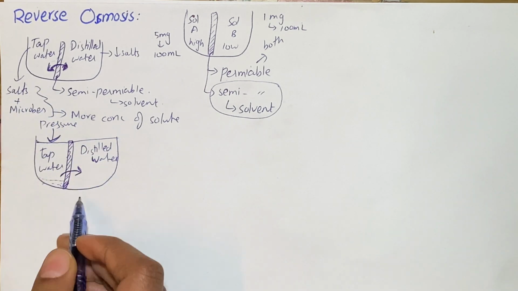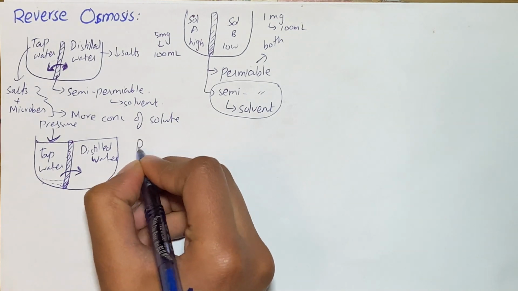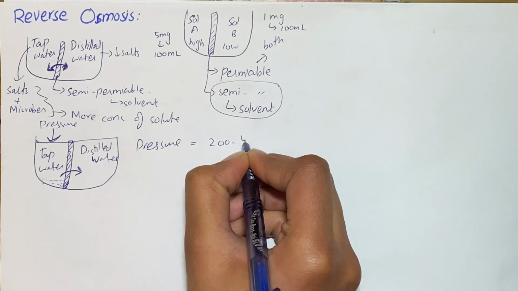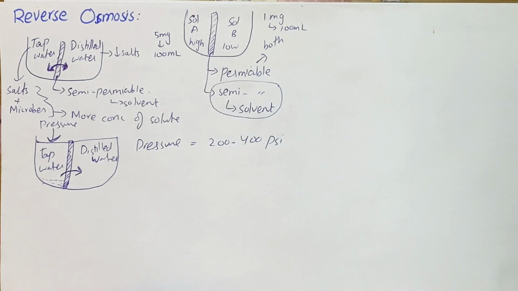So solute particles which are present in tap water will be left behind in that section, and the pressure which is being applied is almost 200 to 400 pascal, and the semi-permeable membrane which is present between the two sections should be able to bear this much pressure.